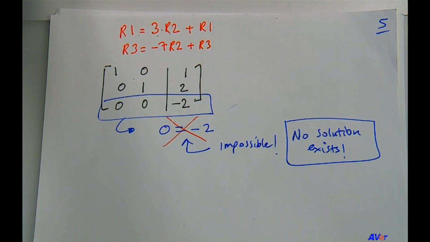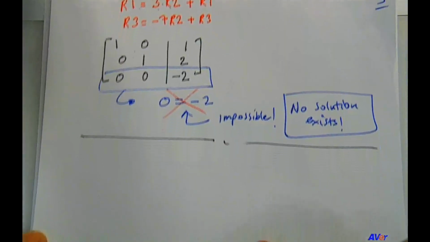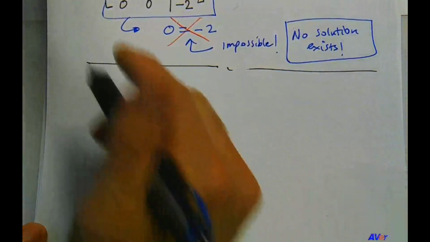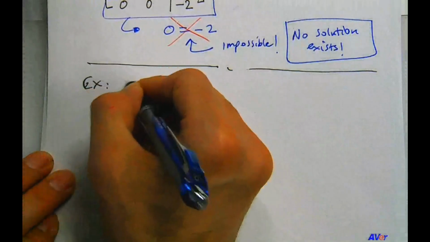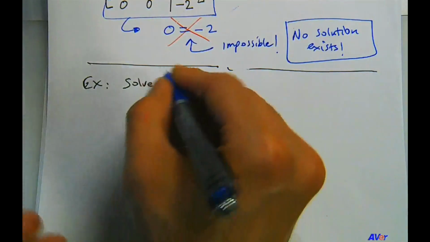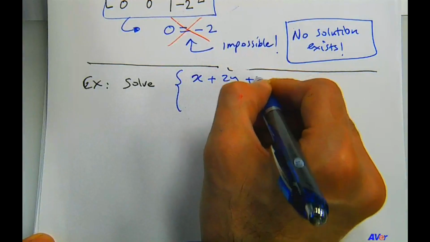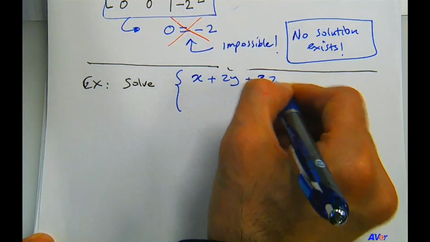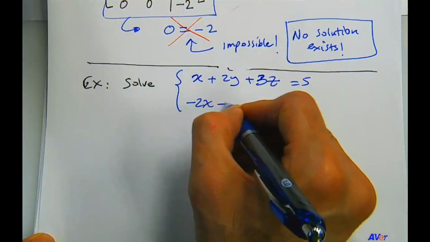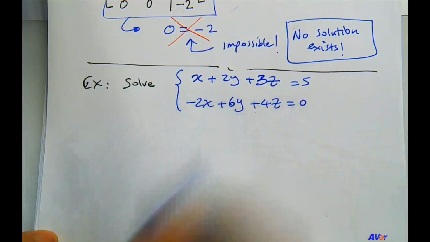Okay, let's have a look at another special case. We want to solve this system, x plus 2y plus 3z equals 5, minus 2x plus 6y plus 4z equals 0, right?